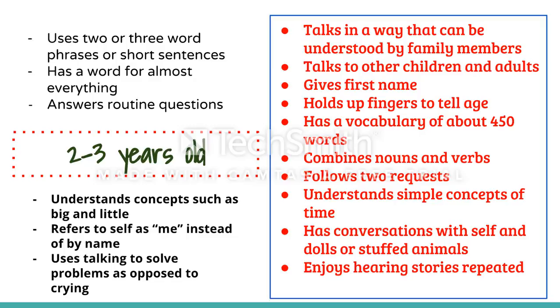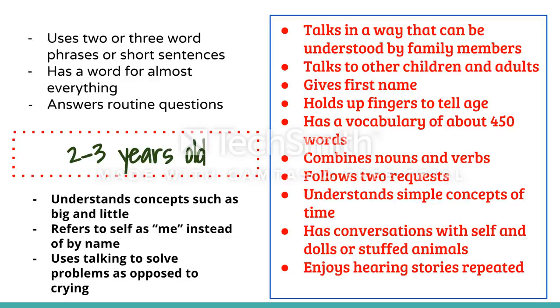And also, they will begin talking in a way that can be understood by family members, talk to other children and adults, be able to tell you their first name and hold up fingers to tell you how old they are. They have a vocabulary of about 450 words. They start combining nouns and verbs. So things like daddy run, mommy go, things like that.